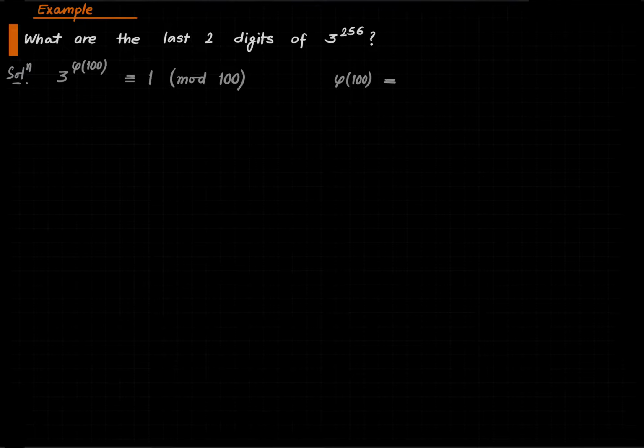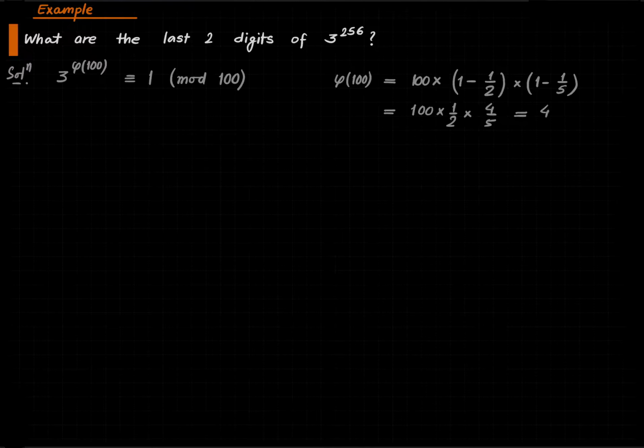Phi of 100 is 100 times the product over the primes, well, it depends only on the primes that divide 100, because 2 and 5 are the only primes that divide 100. We have phi of 100 is this thing, which is equal to this number, which is I think 40. Yeah, so we see that 3 to the power 40 is congruent to 1 mod 100.